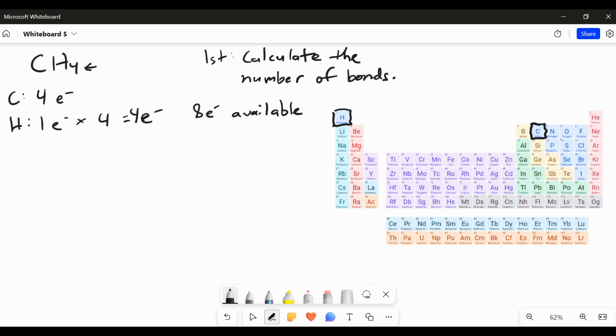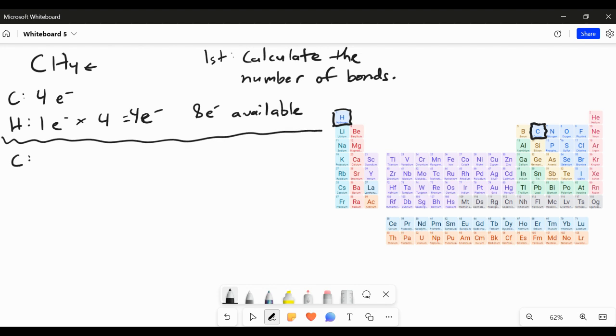That's basically the only exception you're going to find. You could also say helium, because these are both in period 1, but helium's not really going to react, so that never comes up. These are the electrons available. We want to see how many we need.